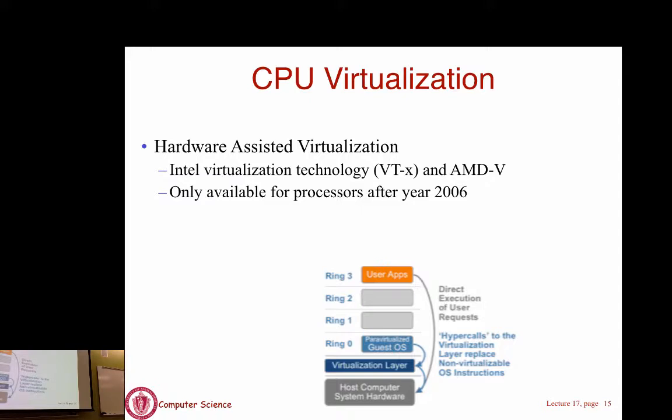actually started doing that quite a while ago, but they managed to finish it around, I believe, 2006. It's the first hardware virtualization actually employed in their chips, and you can buy machines. All the machines purchased after 2006, I believe, have this capability of doing hardware assisted virtualization.